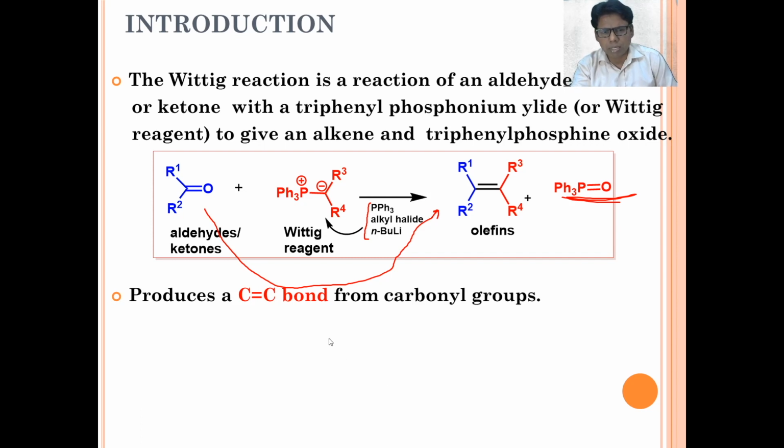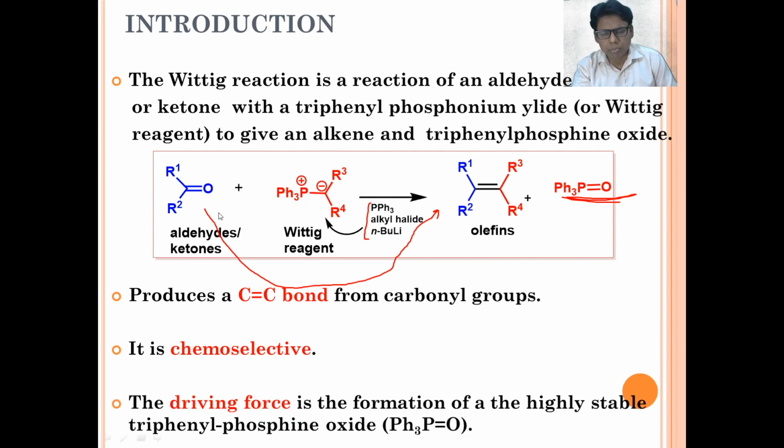So ultimately there is a formation of double bond from carbonyl group, and this reaction is chemoselective, meaning that even if there are different groups having carbonyl functional groups like esters or amide, it will specially react with the carbonyl of aldehyde or ketone. We'll see one example later on.